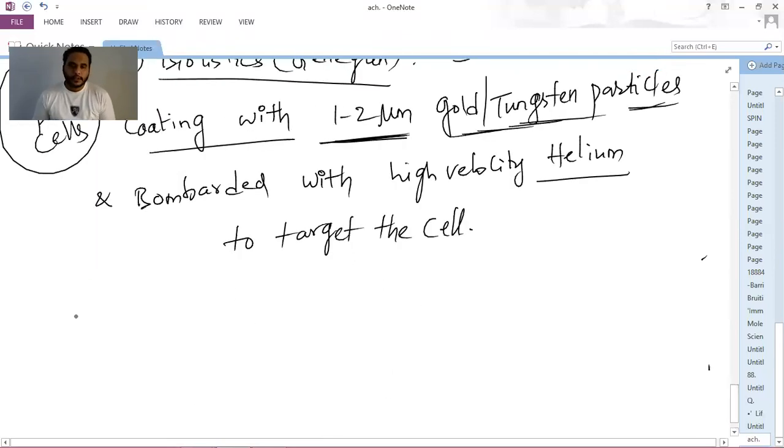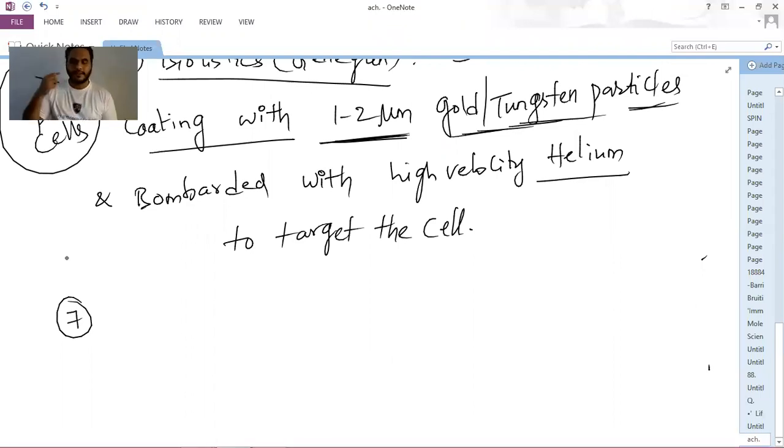So by this, the non-vector mediated methods are completed. The first one is microinjection: by using syringes, you can directly deliver the rDNA into the nucleus of the host cells. The second method is electroporation: the protoplast and rDNA are placed in an ionic solution and exposed to high or low voltage, which leads to the formation of pores on the plasma membrane so that rDNA enters into the cell cytoplasm.